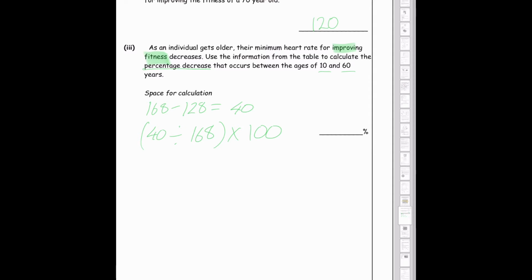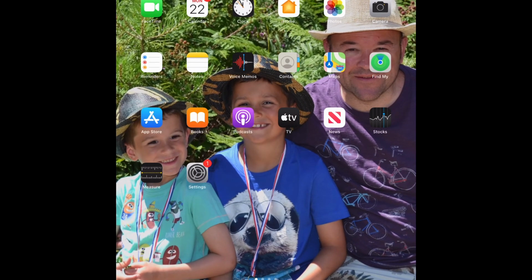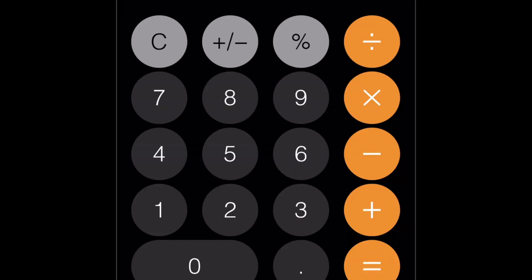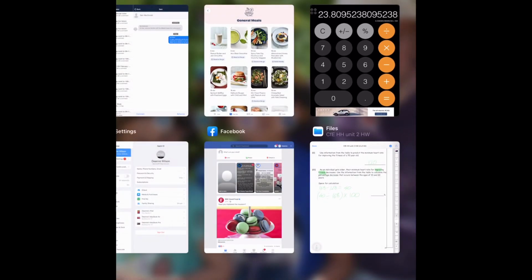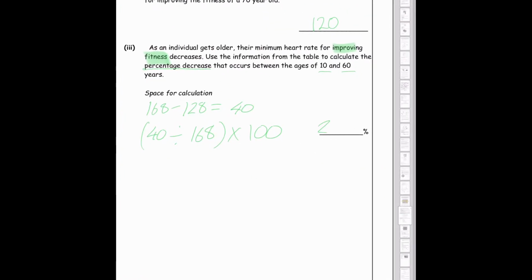I will just do that on the calculator. 40 divided by 168, times 100, gives 23.8%. So that's a percentage decrease.